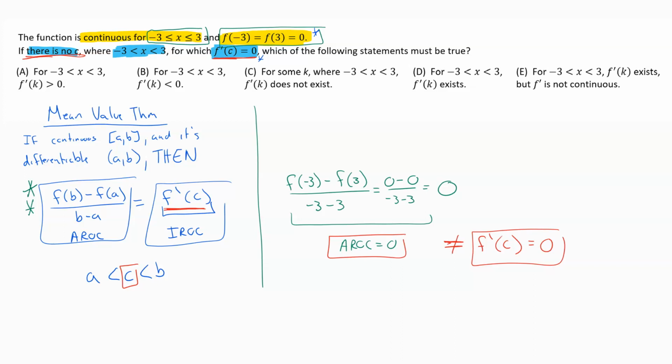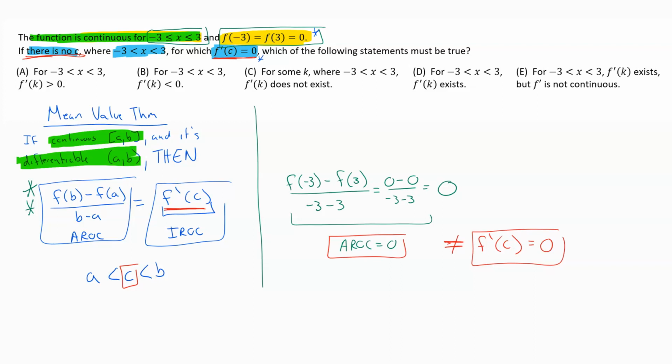If it's continuous on a closed interval from a to b, well, they told us the function is continuous on a closed interval, so that checks out. Then we go to the second part: it's differentiable on the open interval from a to b. Well, as you look at all that info they gave you in the starting sentences, nothing up there guarantees that this thing is differentiable all the way from negative 3 to 3.